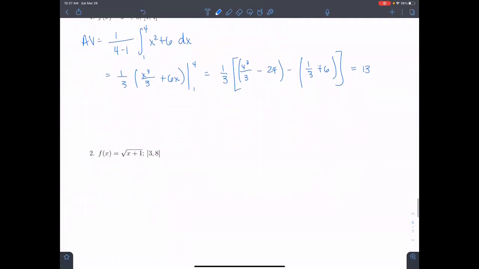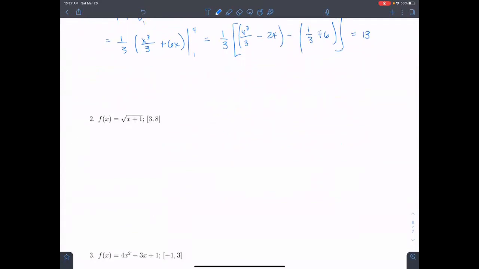All right. Number 2, we're going to do the average value again. So the 1 over b minus a, so 8 minus 3, times the integral from a to b, so 3 to 8, of x plus 1 to the 1/2 dx. So this is going to be 1/5 times x plus 1 to the 3/2 times 2/3, evaluated from 3 to 8.